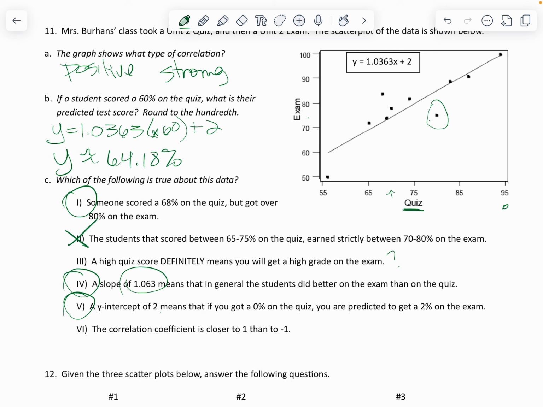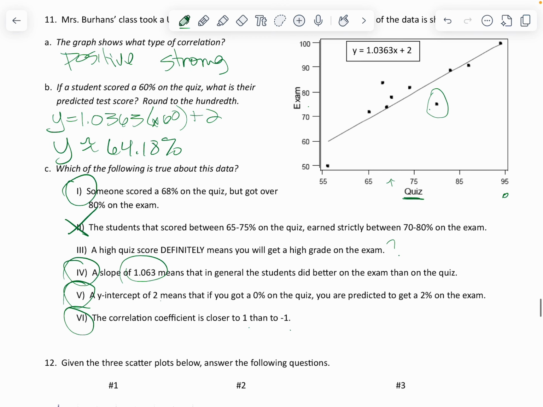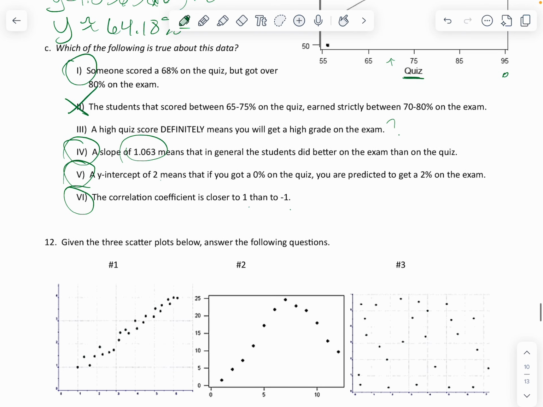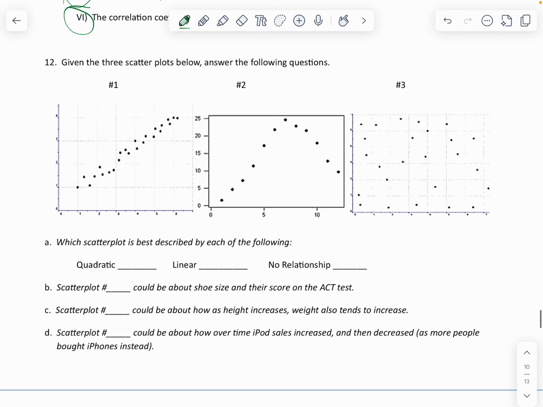Sorry about that. The correlation coefficient is closer to 1. Oh yeah, because it's positive. I'm not sure about that number 3. That could be true. Okay, so this next one, number 12.